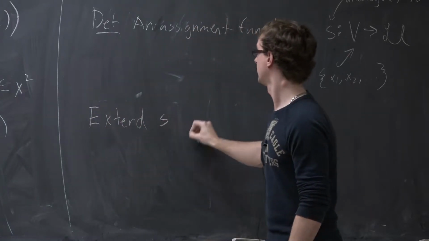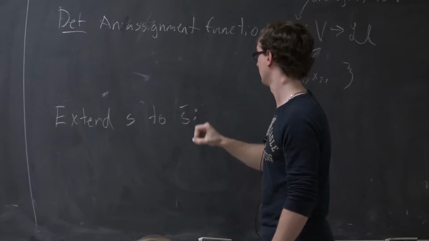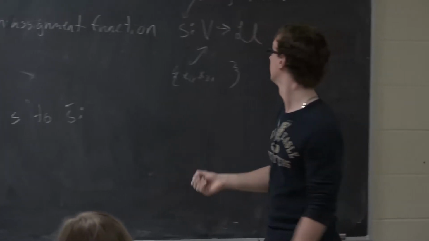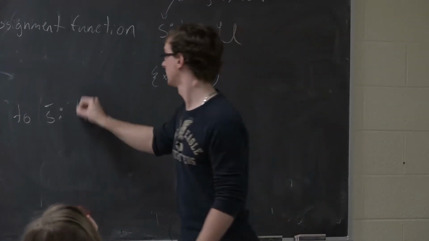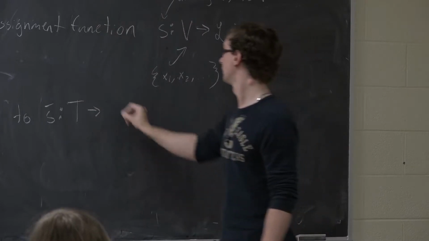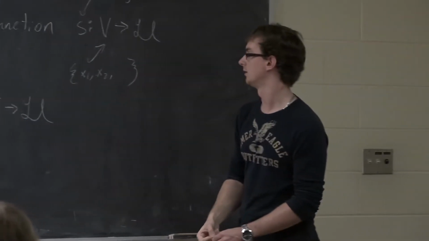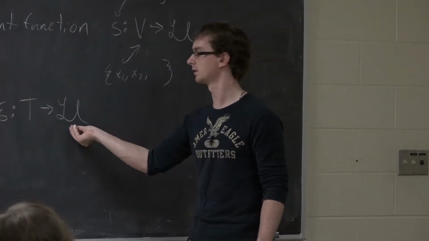So going from the bottom up, we'll extend S to S prime, or S bar, and S bar will take us from the set of possible terms, and these terms, again, are going to give us back elements in our universe.